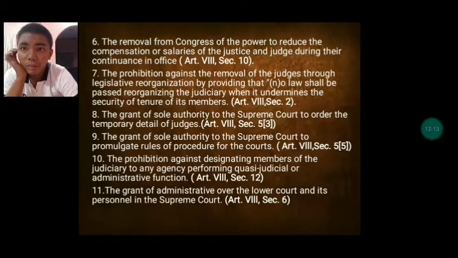It is a grant of sole authority to the Supreme Court to order temporary details of judges. It is a grant of sole authority to the Supreme Court to promulgate rules of procedure of the courts.